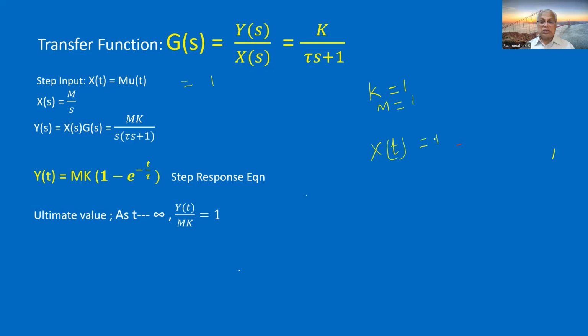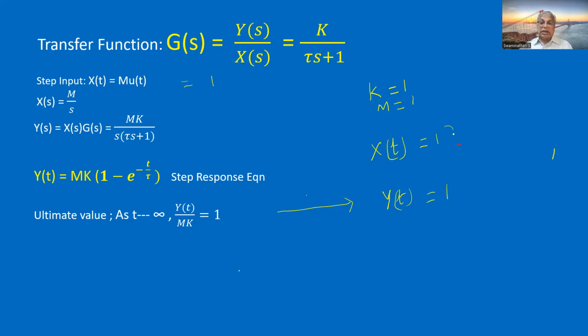If you give a unit step input to the thermometer, that means you're changing the input to the thermometer by a magnitude of 1. And for the thermometer K equal to 1. So what happens to the ultimate value of the response? Since M and K are equal to 1, y(t) also equals 1.